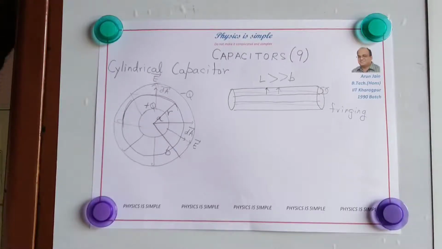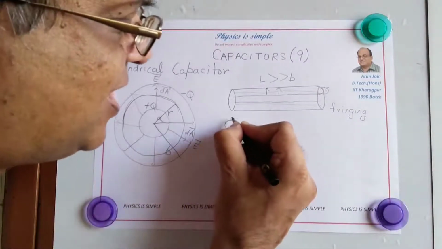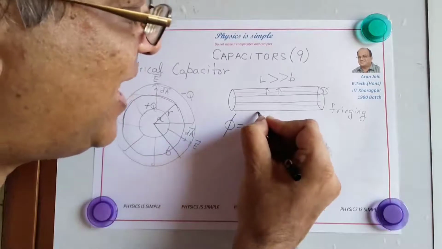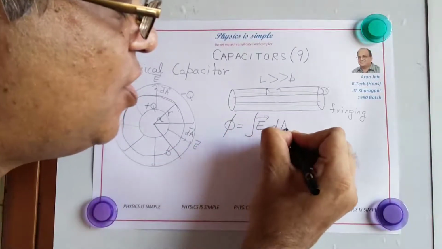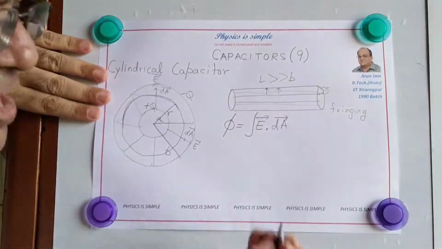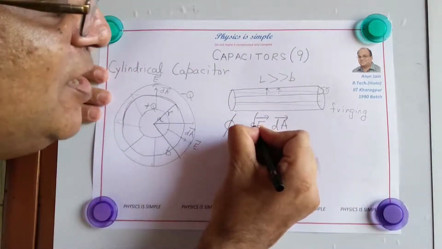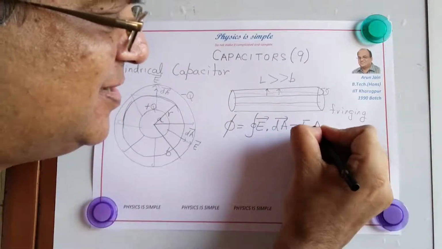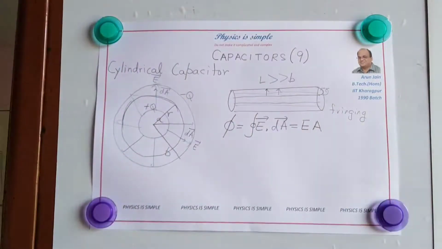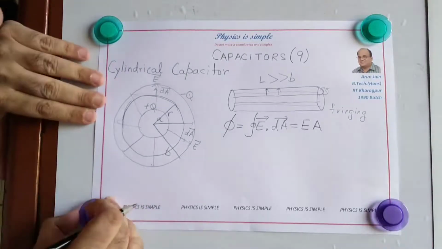So therefore the flux of the electric field, which is given by the integration of E vector dot dA vector over the closed surface, will simply become E into A, where A is the area of the curved part of the Gaussian surface.